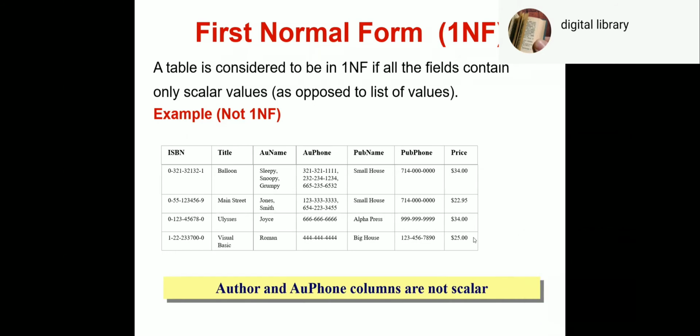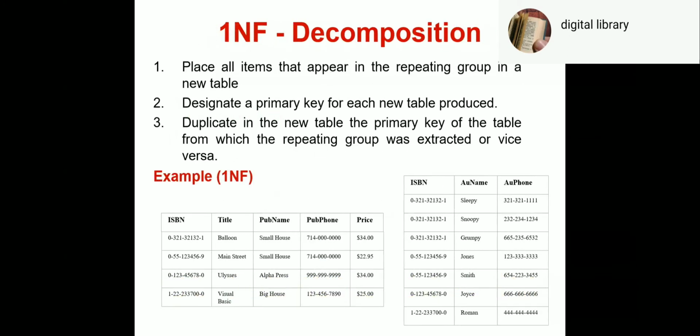How do we convert it into first normal form? By decomposing the table into multiple tables. In the first table, I have only ISBN, title, publisher name, publisher phone number, and price. I created one more table which has ISBN number, author name, and author phone.